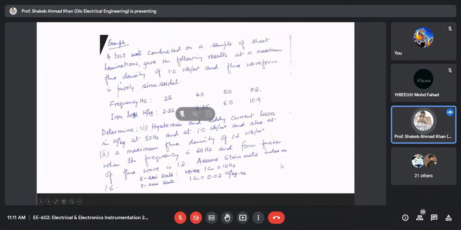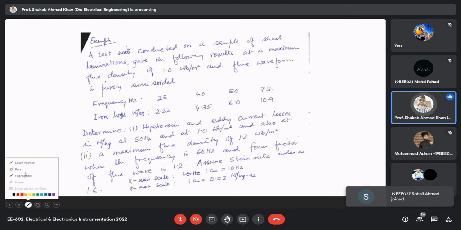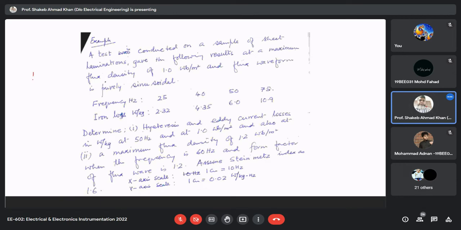Iron loss per unit frequency, this divided by this. The x-axis and y-axis scale I'm giving here, so that everybody should get the same kind of plot. I want all of you to use graph paper.